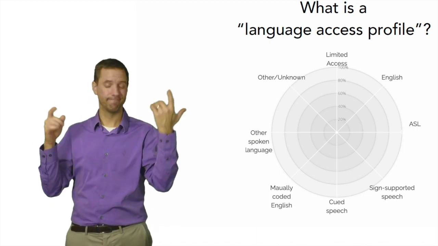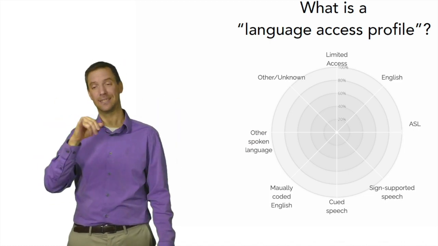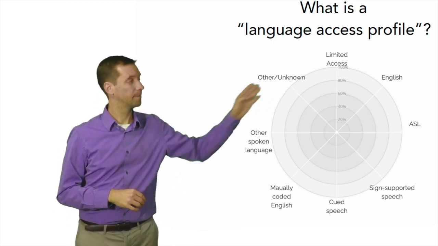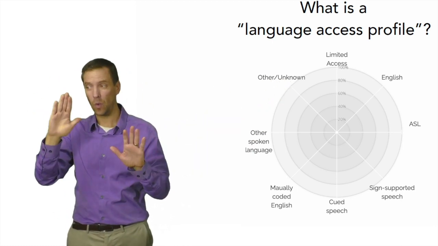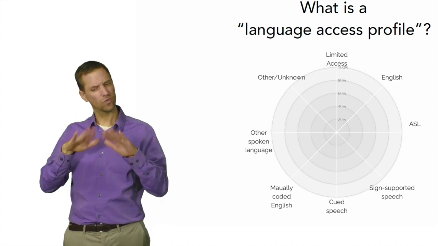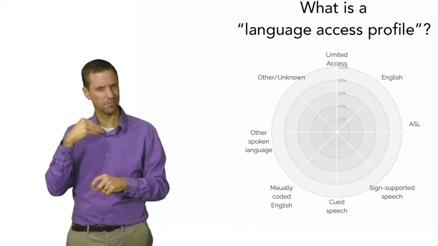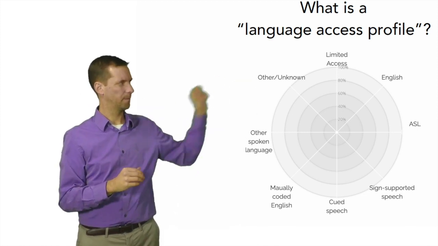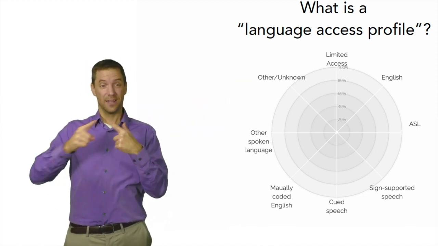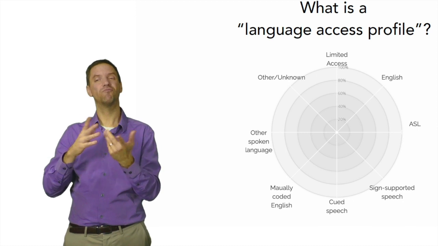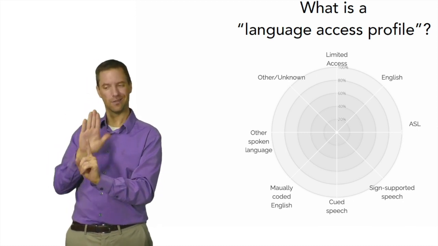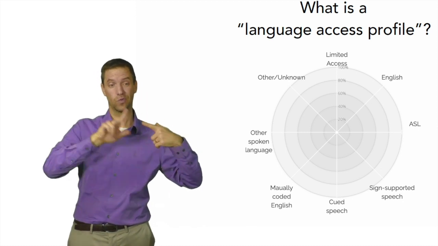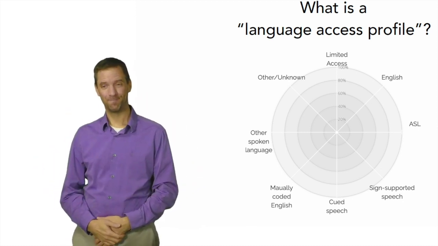We have another category for other spoken languages, such as Spanish, or Hindi, or any number of others. And there's a category for other or unknown, because sometimes deaf and hard of hearing children have complex experiences that are hard to capture. And so we have this category to reflect those idiosyncratic experiences. Overall, this shows the child's full language access profile, focusing on the period from birth to age 3.